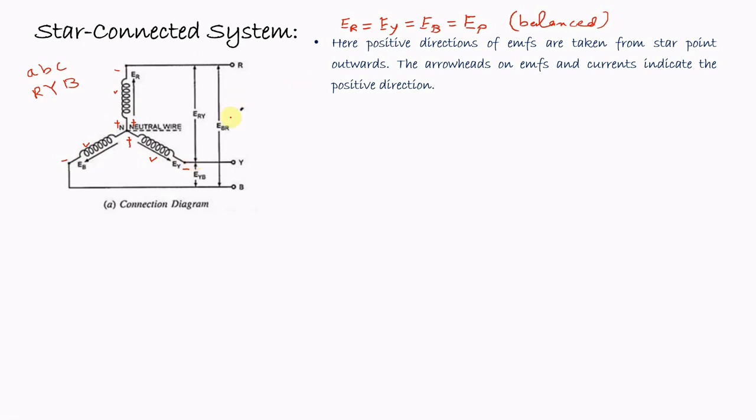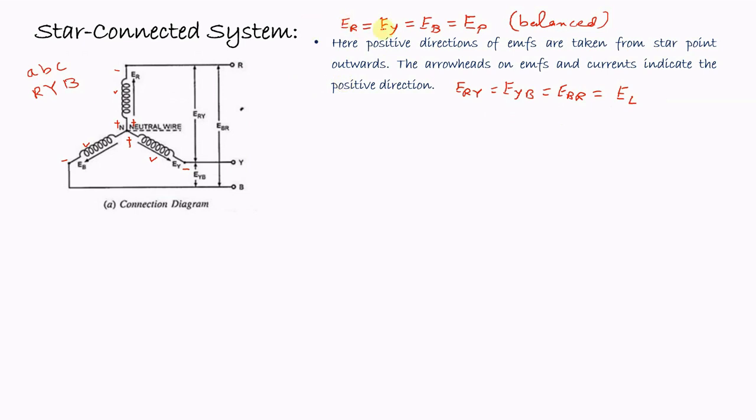Now the voltage between any two external terminals is considered as the line value or the line voltage. So we can write ERY is equal to EYB and is equal to EBR, and this is considered as the line voltage EL, and again it is for the balanced system.